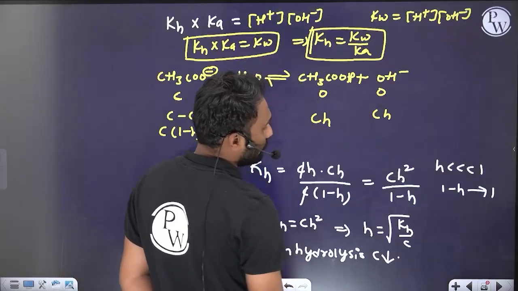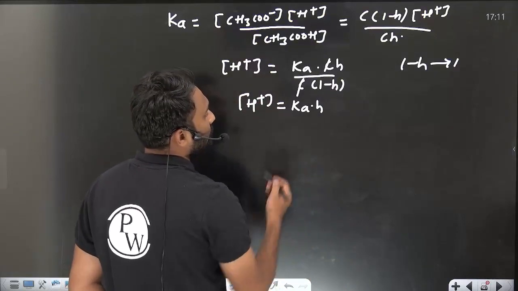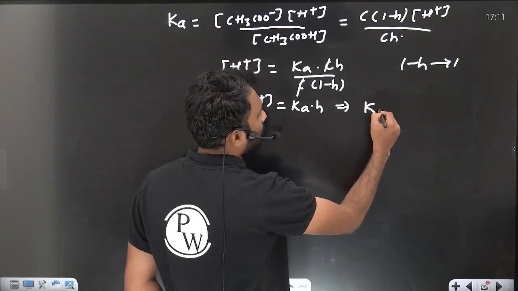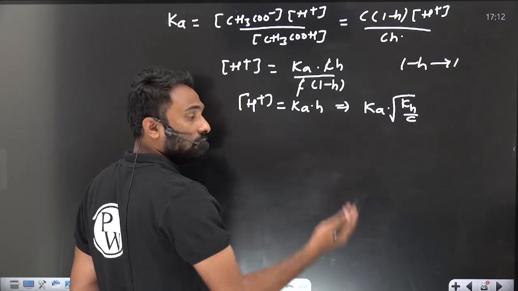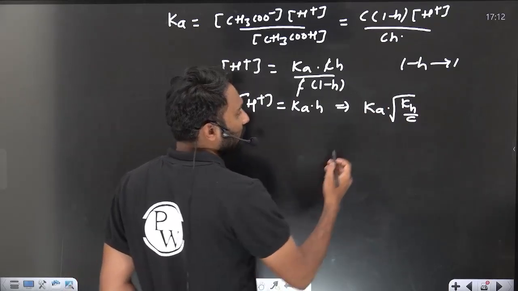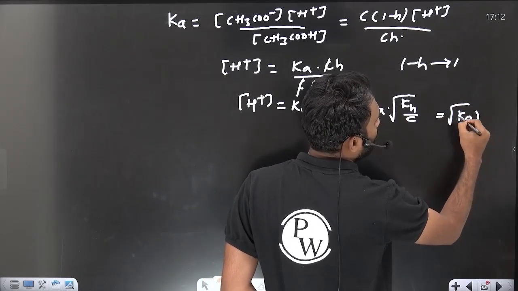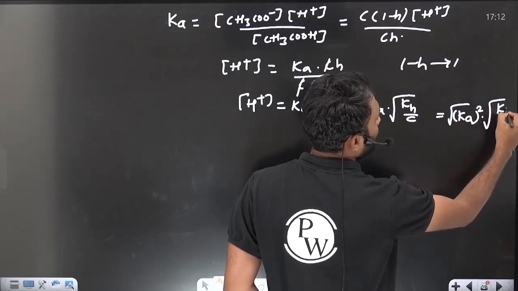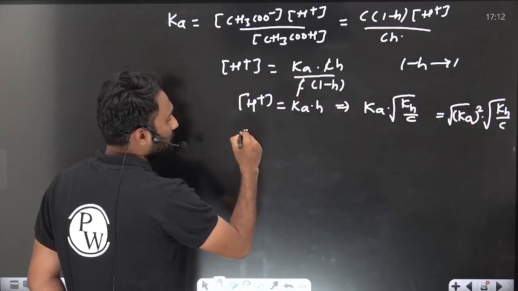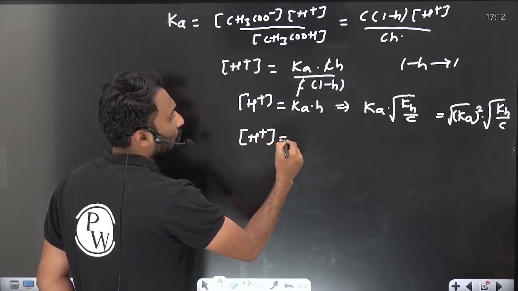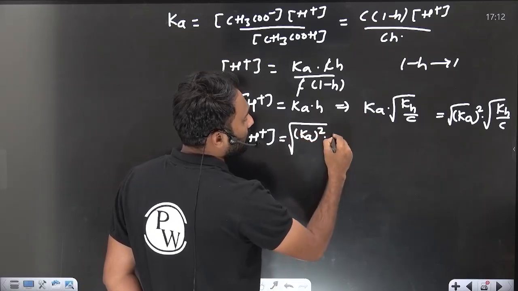Here h is equal to under root KH by C. Now in the place of h can I write like this: Ka into under root KH by C. For our mathematical calculation purpose, I am writing under root Ka whole square into under root KH by C. Now square and root and square become the same. So here I can write H plus ion concentration is equal to under root Ka whole square into KH by C.